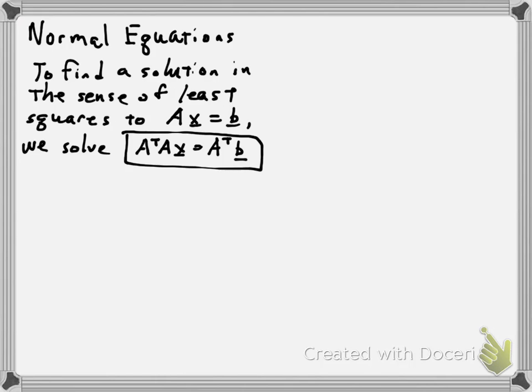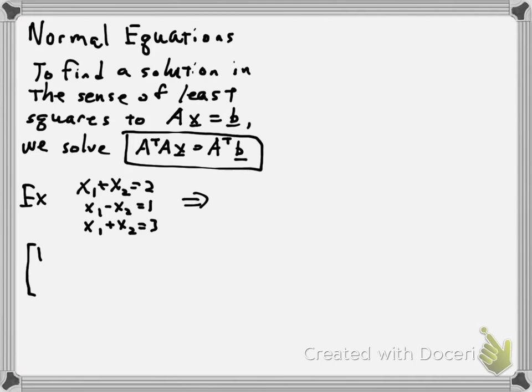Okay, so this concept is pretty easy to apply. We have our example from the previous slide, where we have x1 plus x2 equals 2, x1 minus x2 equals 1, x1 plus x2 equals 3. Of course, we can write this in matrix vector notation.